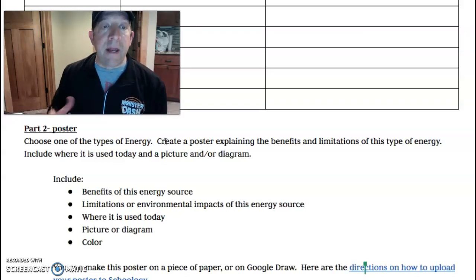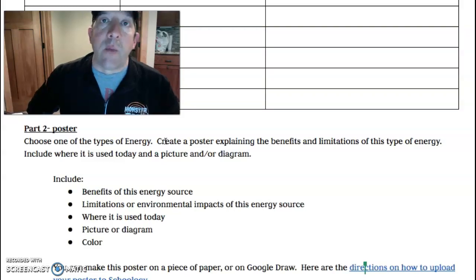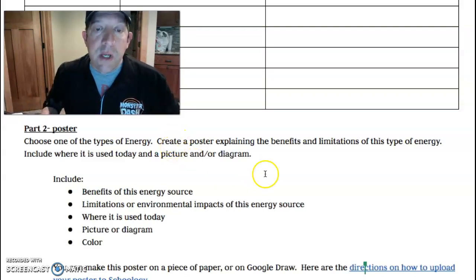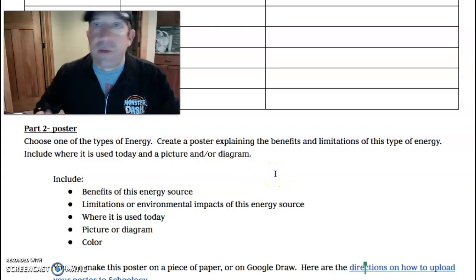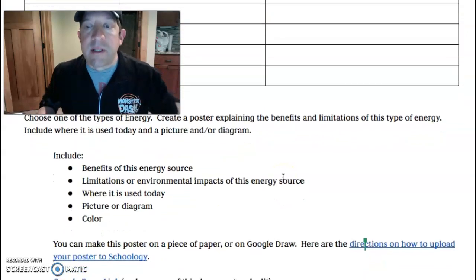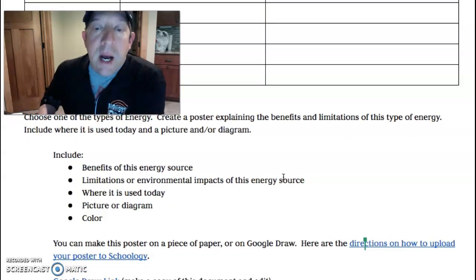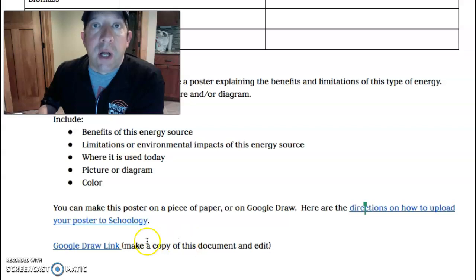And then with that poster, there's really two options that you have to complete that. One would be to use a piece of paper and just use colored pencils, crayons, whatever, take a picture, upload it as a JPEG, which I'll show you here momentarily how to do that. The second way is to use the Google Draw link.